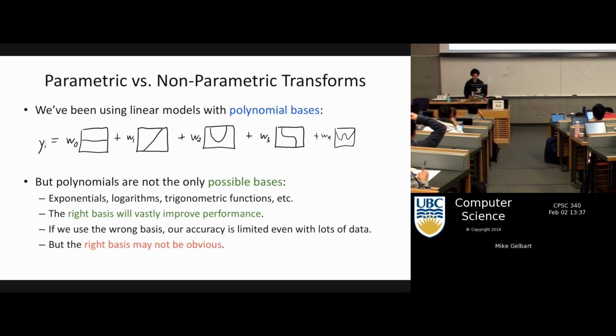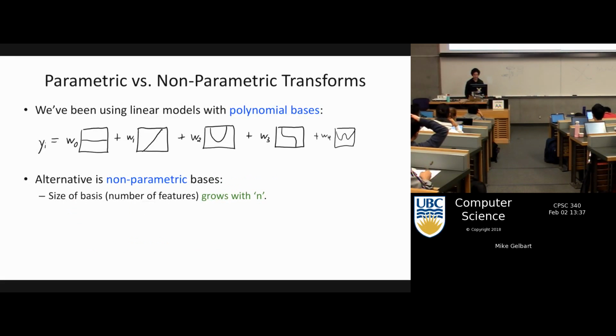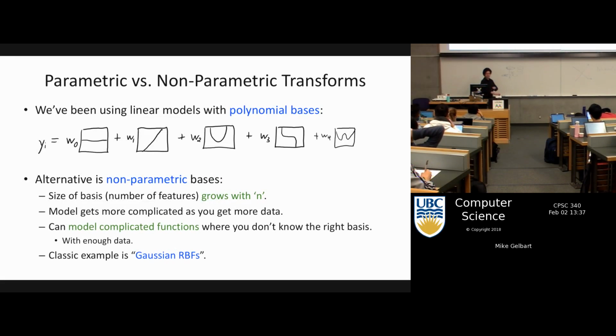Okay, I said this, right? Basis might not be obvious. So imagine the whole non-parametric thing, well, we talked about k-nearest neighbors, for example. As we add more data, it kind of incorporates that more data, but we don't commit in advance to a level of complexity. So we can do the same kind of thing here, and a famous or popular version of this is called Gaussian RBFs, where RBF stands for radial basis function.